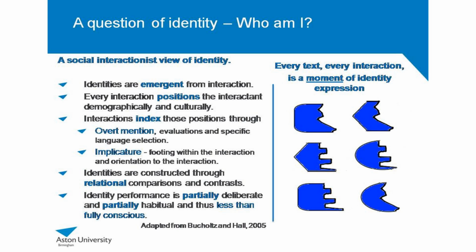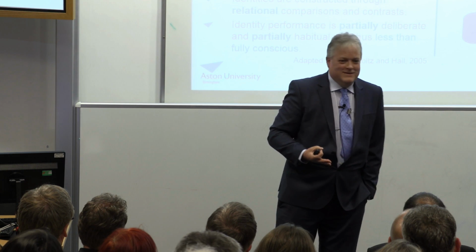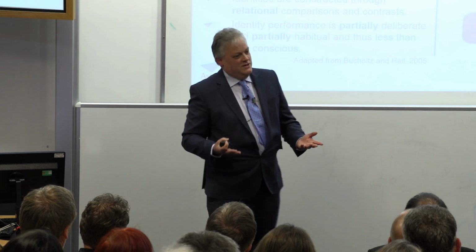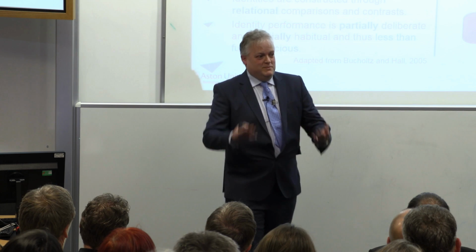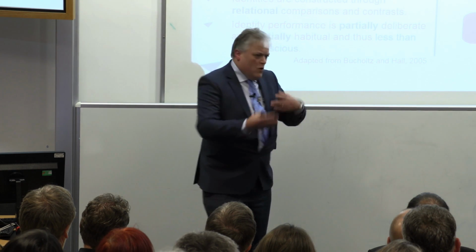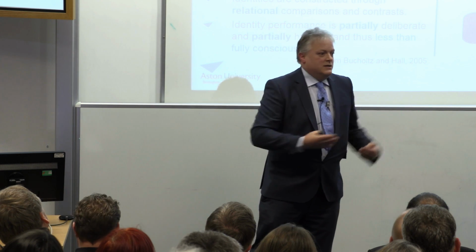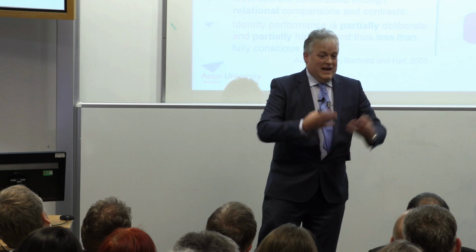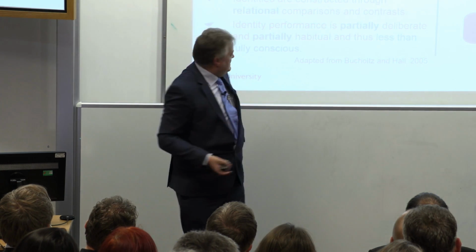Sometimes we do that by overt mention: I'm a professor of forensic linguistics and I've been asked to give a talk. That's an overt mention. But also, somehow, I'm commanding the room and speaking without interruption. That is more by the stance I have, an implied expression of my identity, allowed by the room. It's through the interaction, but some of it is more explicit, some less explicit.